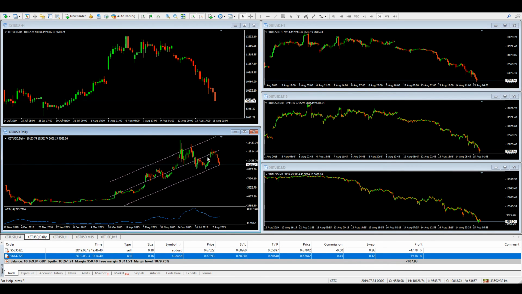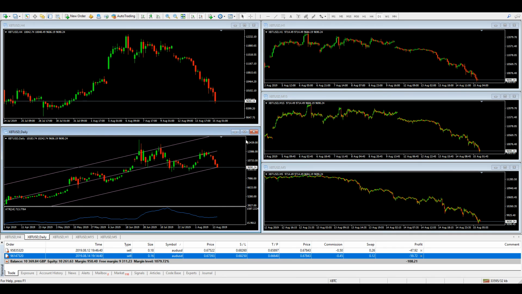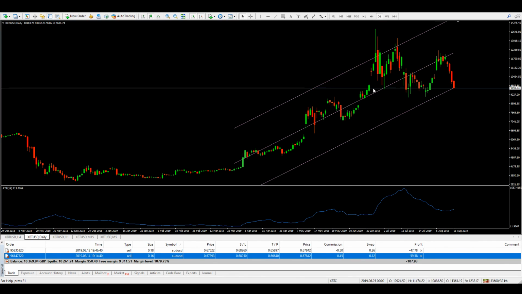Bitcoin looks like it's finding support. We'll need the candle to finish, obviously, but just looking at the daily, wait for today's candle to close, but it's interacting with our standard deviation channel here.